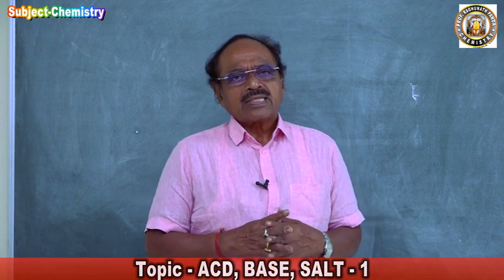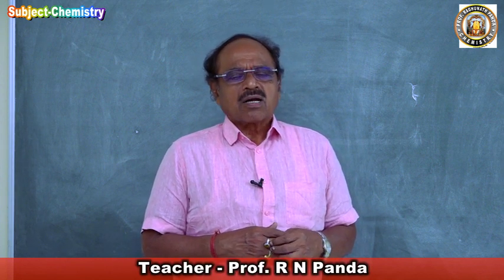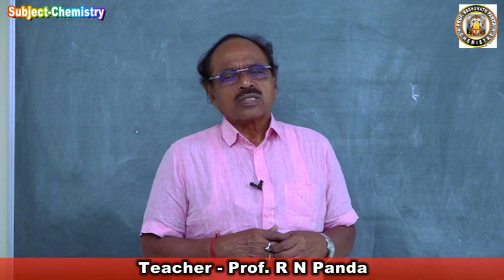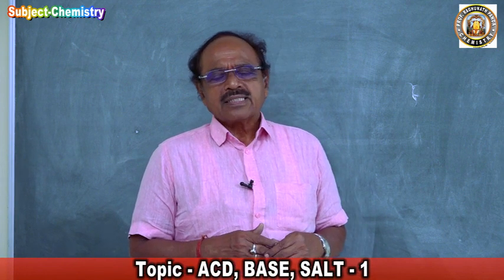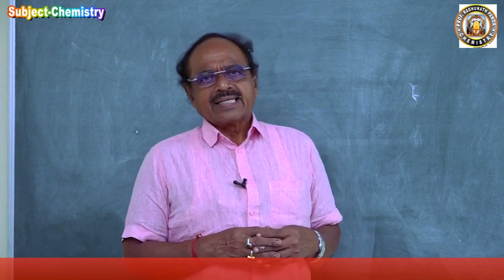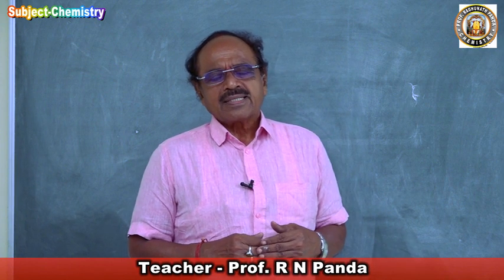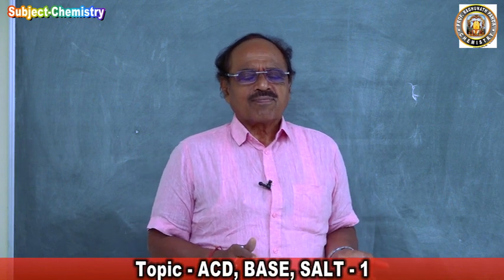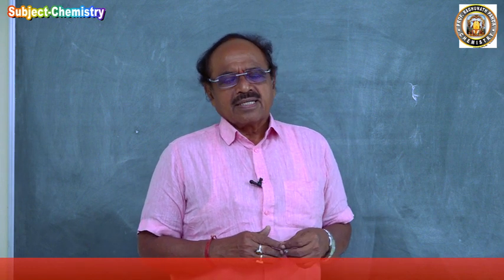Now coming to the other type of acid, oxy acids. All oxy anions combine with H plus to form oxy acids. So we have two types of radicals, ITE radical and ATE radical. ITE radicals come from the lower valence state of the element, and ATE radicals are formed from the higher valence state.